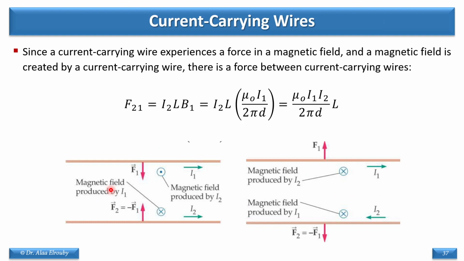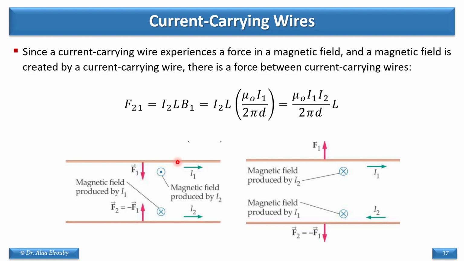Okay, what would happen if we have two current carrying wires next to one another? Like if we have I1 in this direction, I2 in this direction, what would be the force between them?